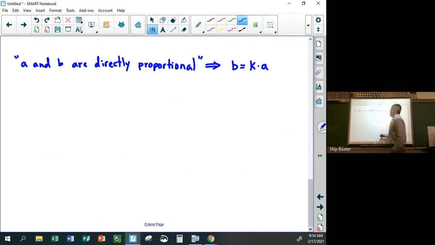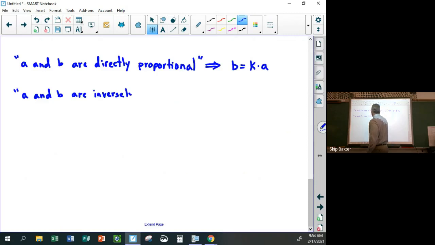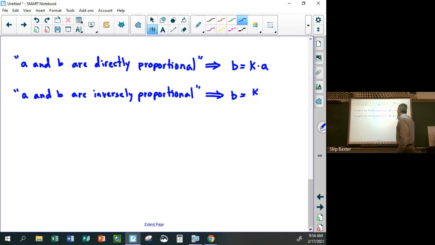Sometimes you'll see A and B are inversely proportional. And that corresponds to B equals K over A. Okay? Think about the inverse variation hyperbola, right?